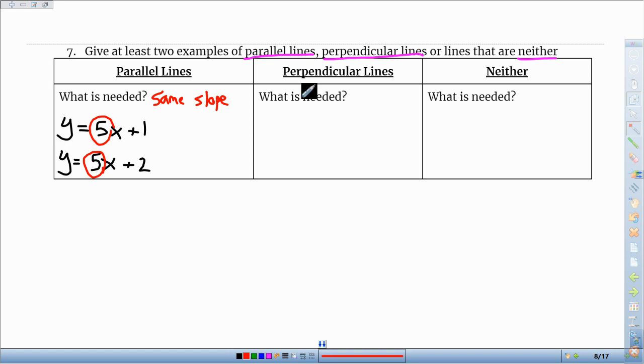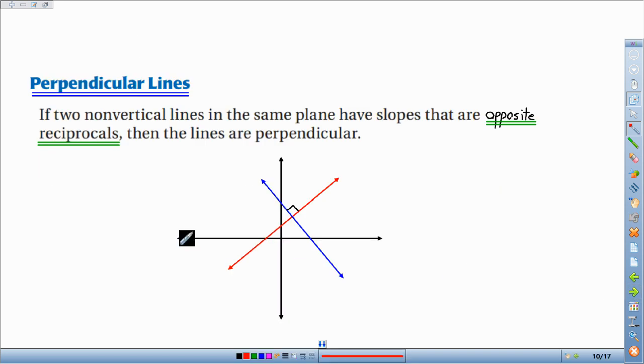Now let's move on to perpendicular lines. When it comes to perpendicular lines, here's what they need. These are two lines that have slopes that are opposite reciprocals of one another. Let me remind you of what that is. If we have a slope of, say, 2 over 3, the opposite reciprocal, opposite means it changes its sign.